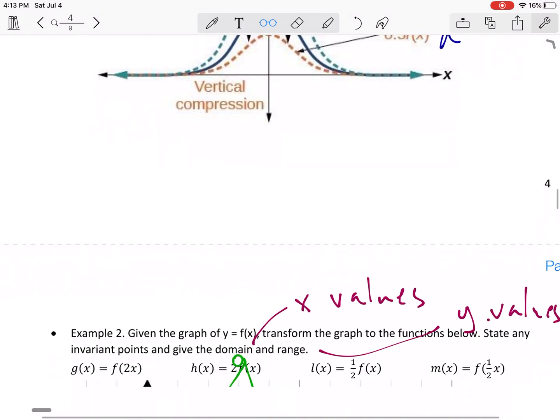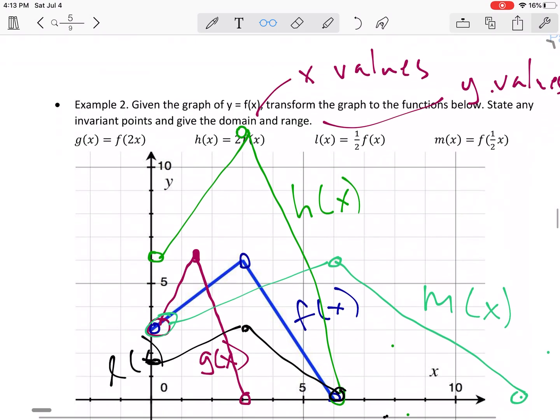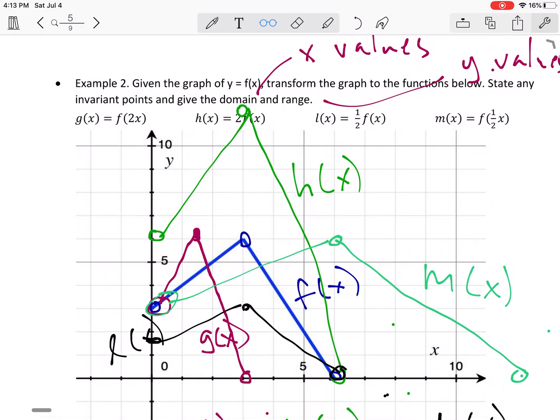Okay, so I'll stop there. So now we've looked at translation, which again is moving the function horizontally or vertically. We've looked at reflection, which is sort of a mirror image along the line of reflection. And now we've looked at stretches, which are either horizontal or vertical, and they can either be expansions or compressions.